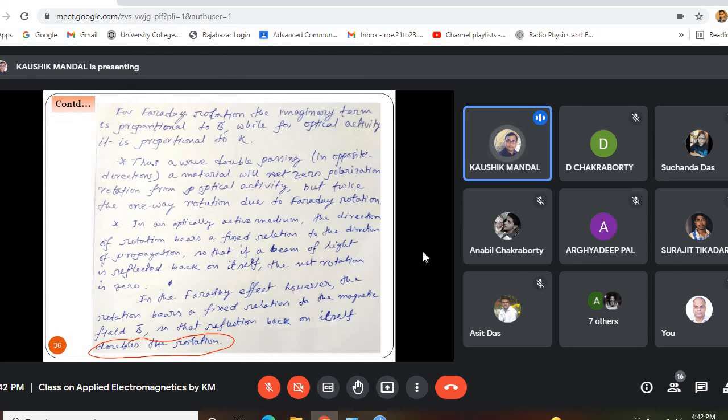In that case, the amount of rotation is proportional to the B vector, the applied magnetic field vector. So, if we consider the case of double passing, the amount of rotation from the point of view of optical activity will be zero, but in case of Faraday rotation, it will be twice.